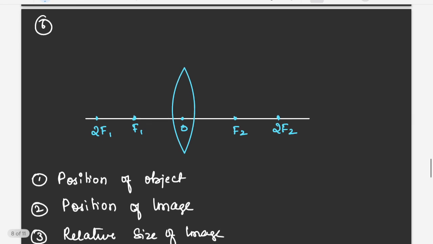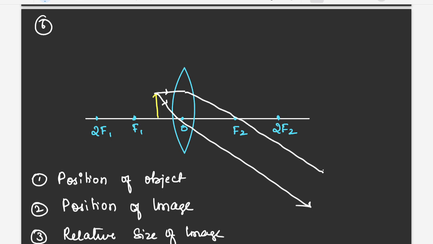Next, sixth ray diagram. In the sixth ray diagram, we are going to place the object between O and F1 here. Now we are going to pass a ray through the optical center, one ray through the optical center like this. And the second ray here, and then this is going to bend at 2F2.